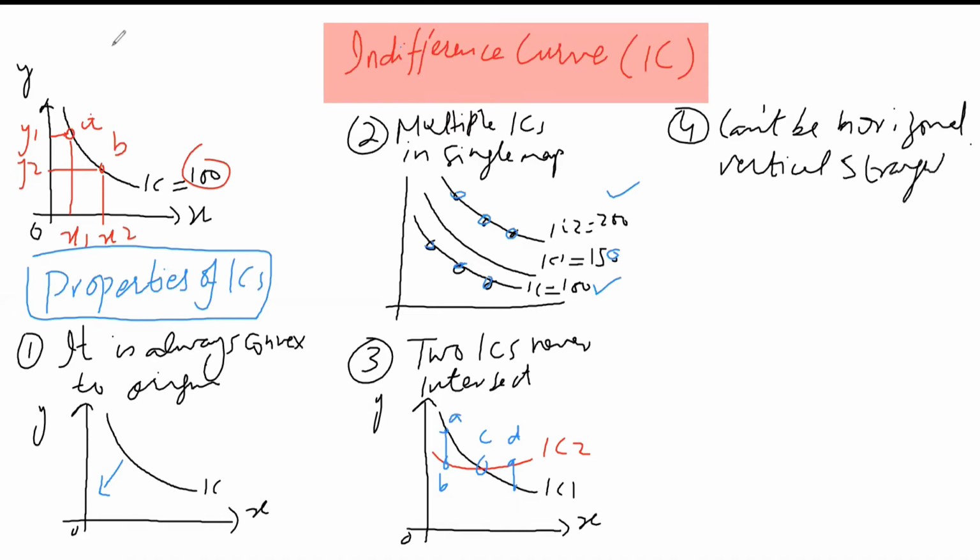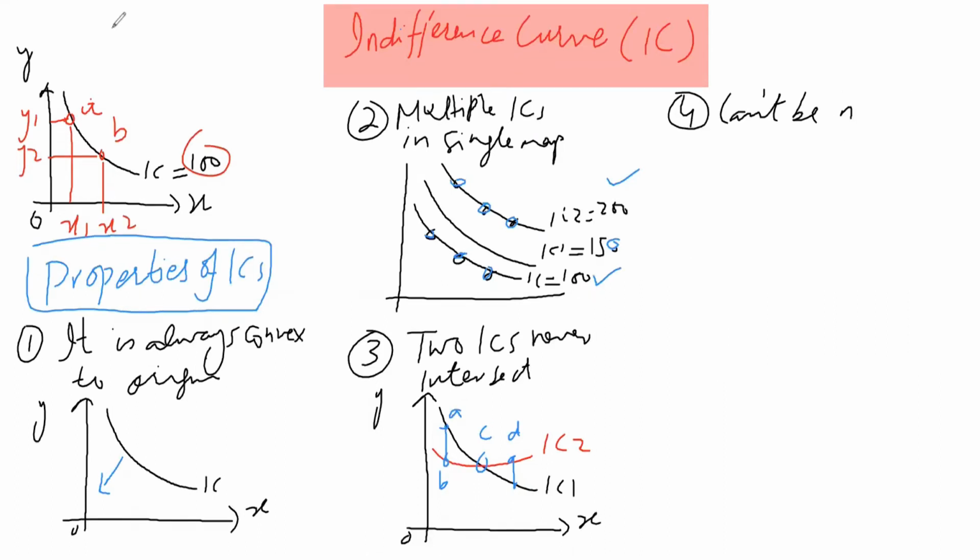For example, if we have IC curves IC1 and IC2 and they intersect each other, then the previous property number 2 will become wrong, because at combinations A and B, IC1 gives more satisfaction and IC2 gives less satisfaction. At point C, both give the same level of satisfaction, and at point D, IC2 gives more satisfaction and IC1 gives less satisfaction, and it negates the previous property that a higher IC gives higher satisfaction and a lower IC gives a lower level of satisfaction.